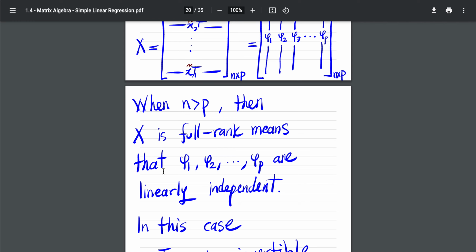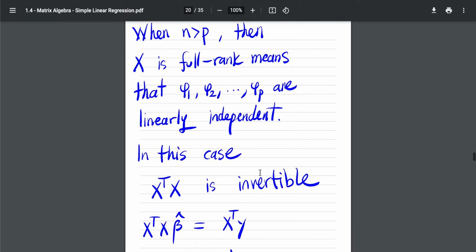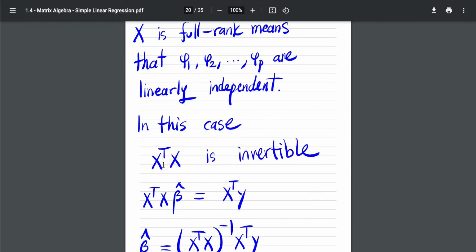And if they're linearly independent, this matrix is invertible.